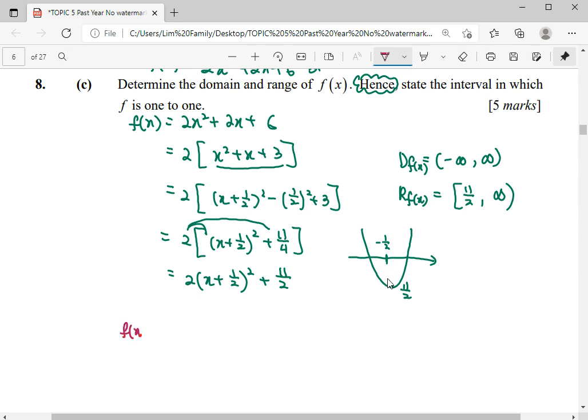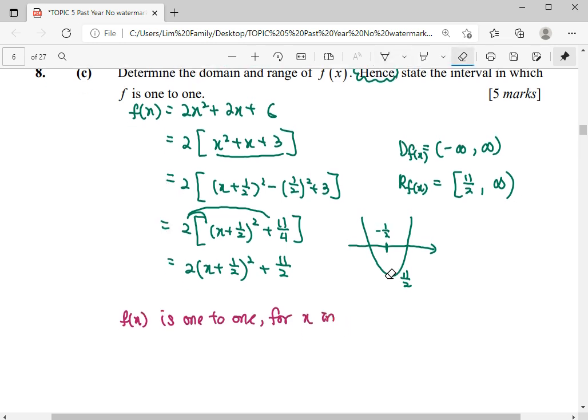So for f(x) to be 1 to 1, only for x in the interval, I'm taking this side, the right hand side.